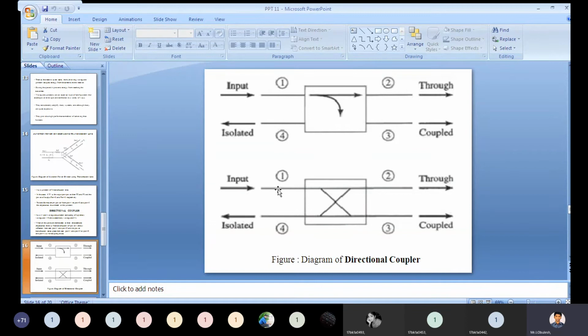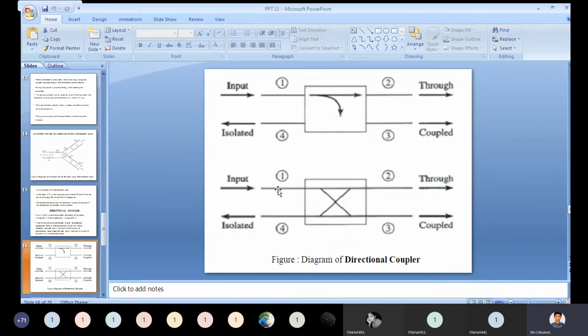The coupling factor is the measure of the ratio of power levels in primary and secondary lines. The definition of the coupling factor of a directional coupler is the ratio of power level in primary and secondary lines.